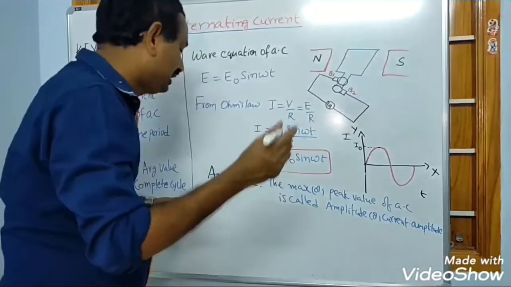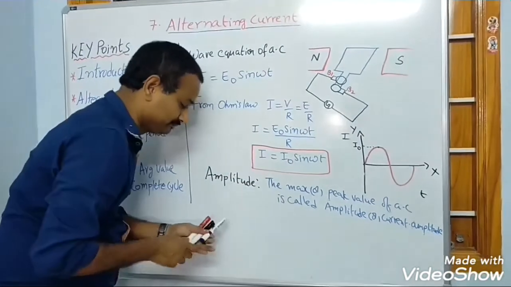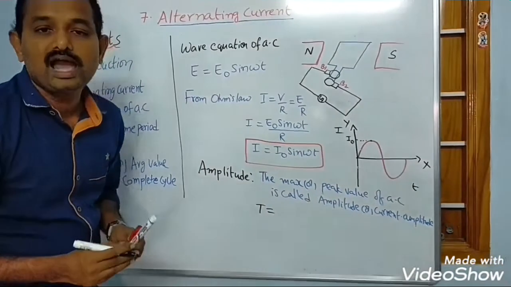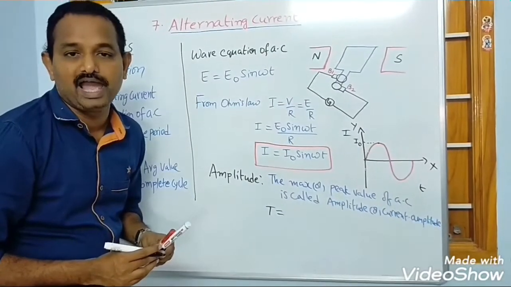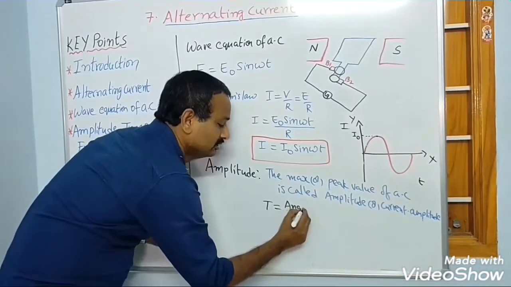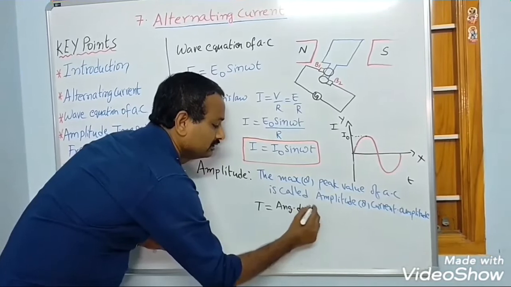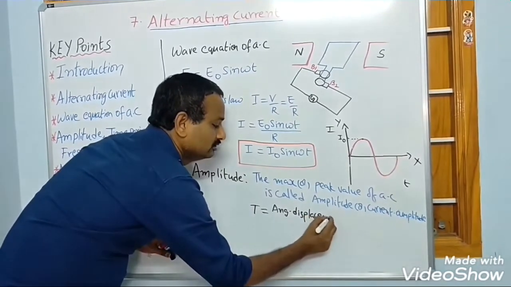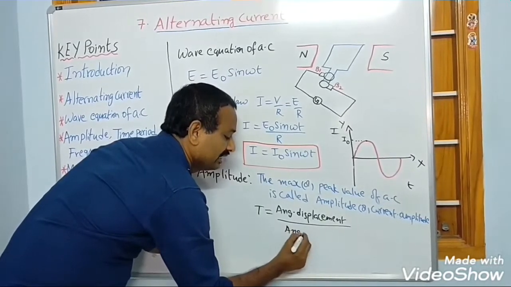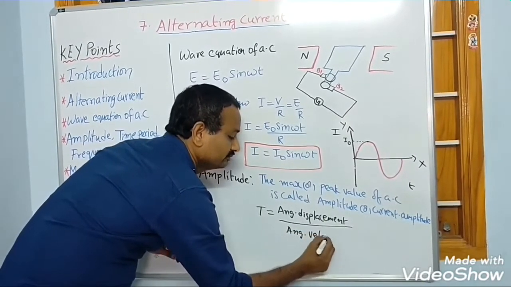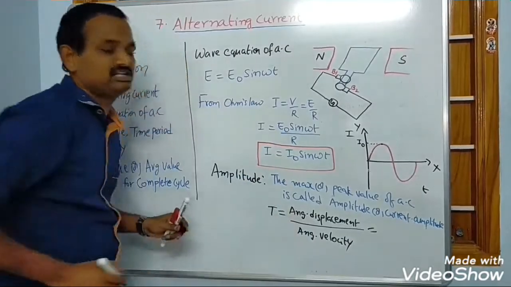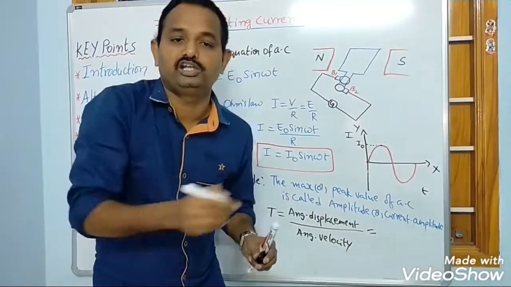Here, time period T equal to angular displacement by angular velocity. That is equal to the angular displacement of a coil for one rotation.